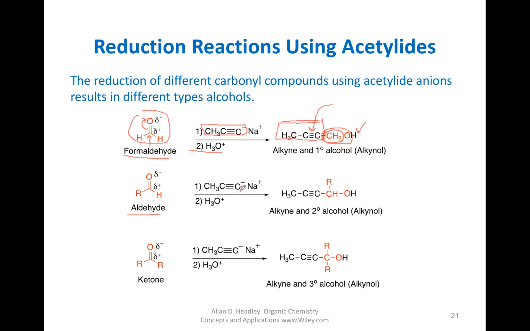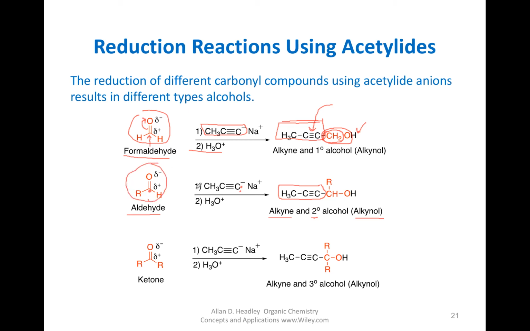Here's another example, an aldehyde, not surprising. These electrons here can react with this positive carbon to form this product, which we'll call an alkynol, secondary of course, and we've added here these carbons to this aldehyde.